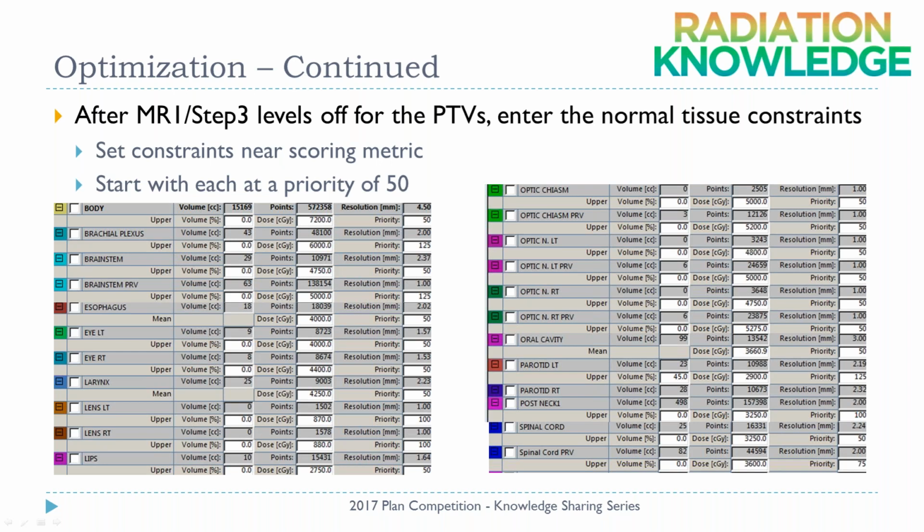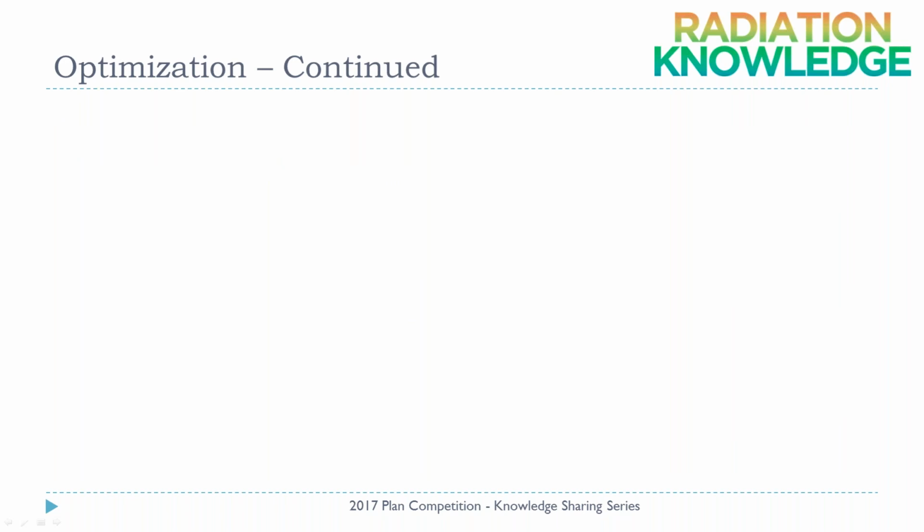So I looked at the scoring metric and just made all the dose constraints a little bit below where they need to be and gave them a priority of 50. And so if there was a mean or an upper, I just typed that in here. You can see I have 1 constraint per normal tissue. There's really nothing fancy going on here. And I just started with a priority of 50. And I would up it as needed, and I'll talk about that in just a second.